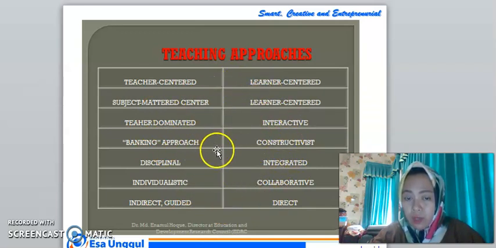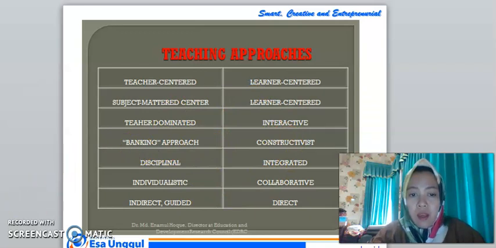Well, I cannot mention them one by one, so you are going to find out the definition of what teacher-centered is, what learner-centered is. You just find the definitions of all these approaches by yourself.